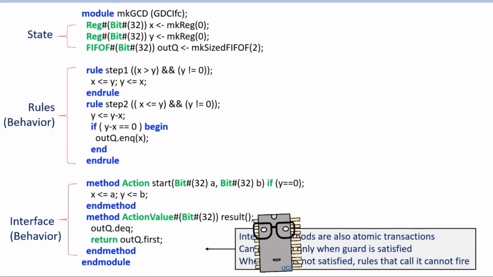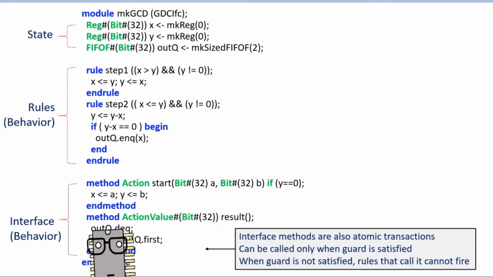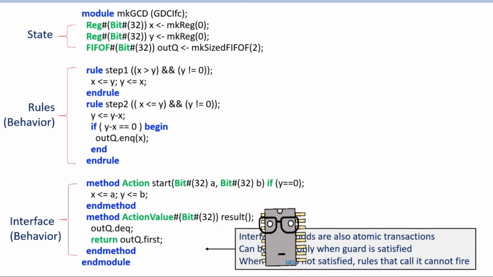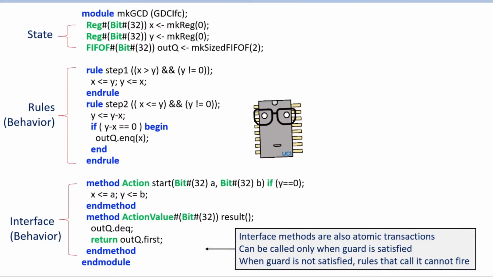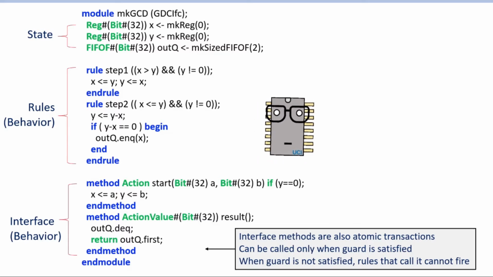If there's an outside rule which wants to call this result function at any point, and the output queue is empty, then that rule as a whole cannot fire, because that rule is also a transaction.